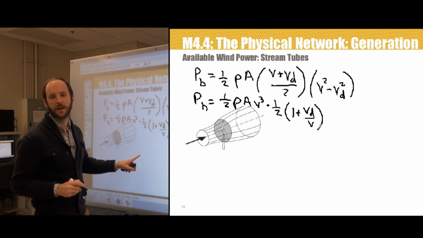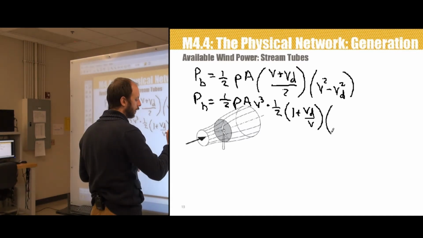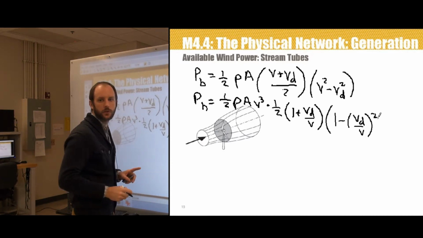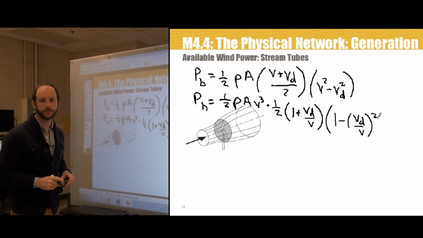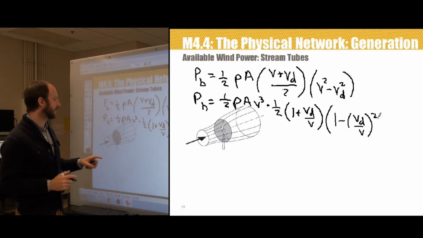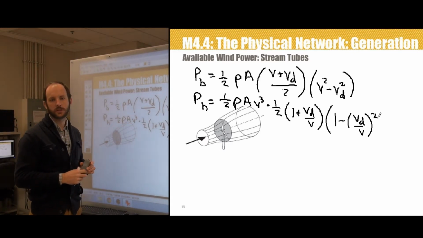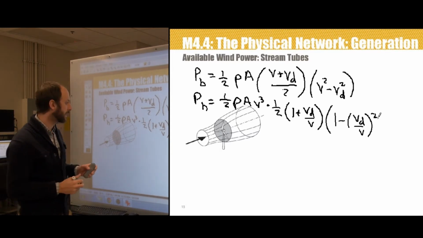And then we need to multiply that by 1 minus the quantity VD over V squared. And what we'll notice is that the 1/2 ρAV cubed is just the power contained in the wind.